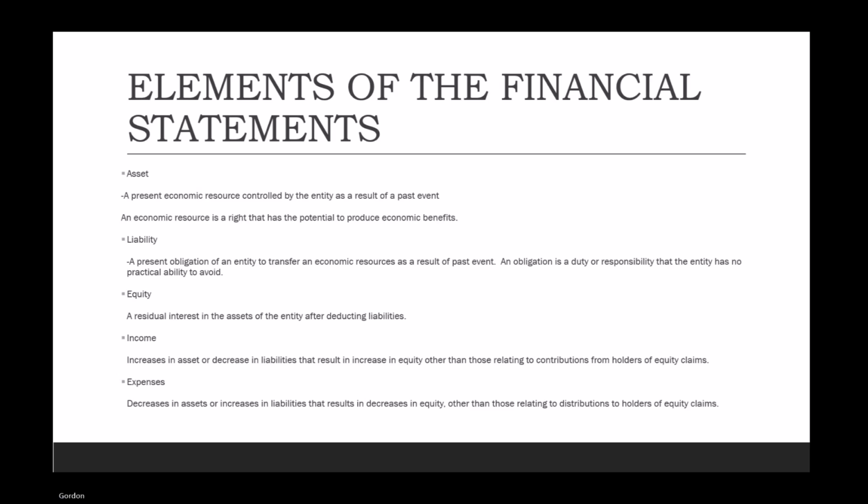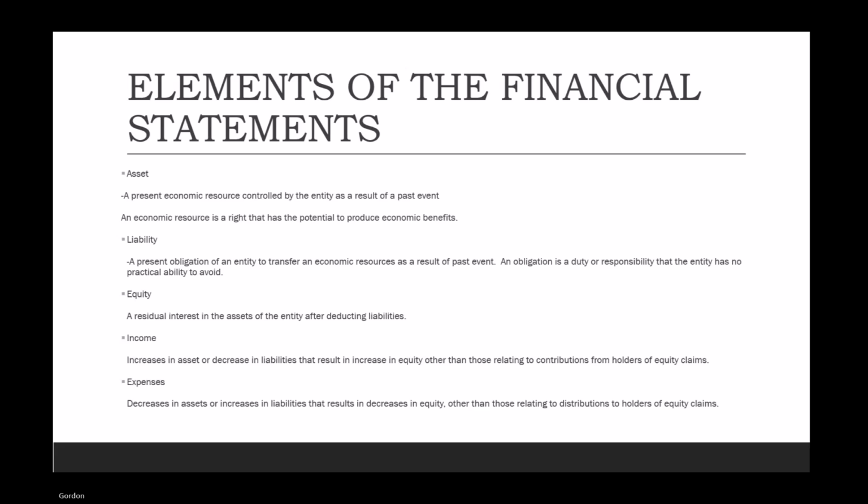Okay, but can I ask something? I think this one will save me for the rest of the module. When we are doing the journal entries and the general ledger, our asset will increase on the debit side and decrease on the credit side. Our liability will increase on the credit side and decrease on the debit side.